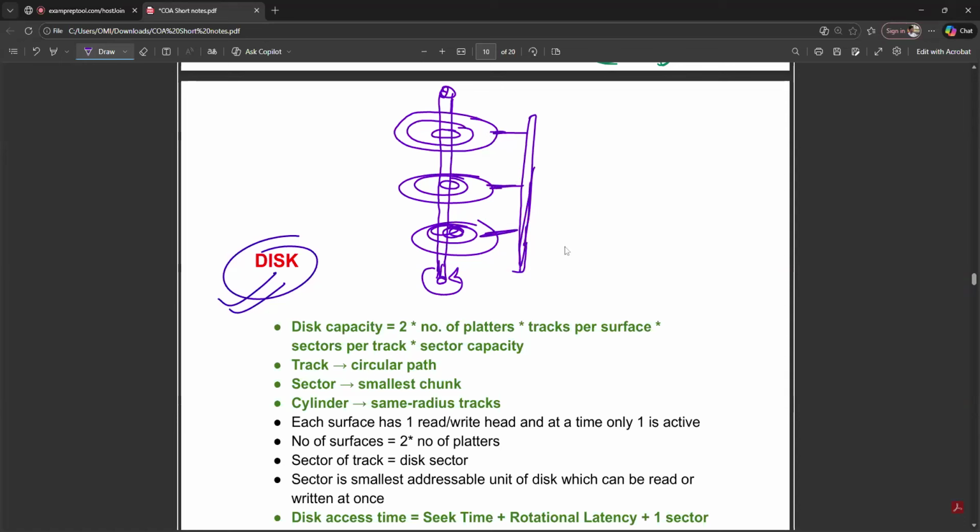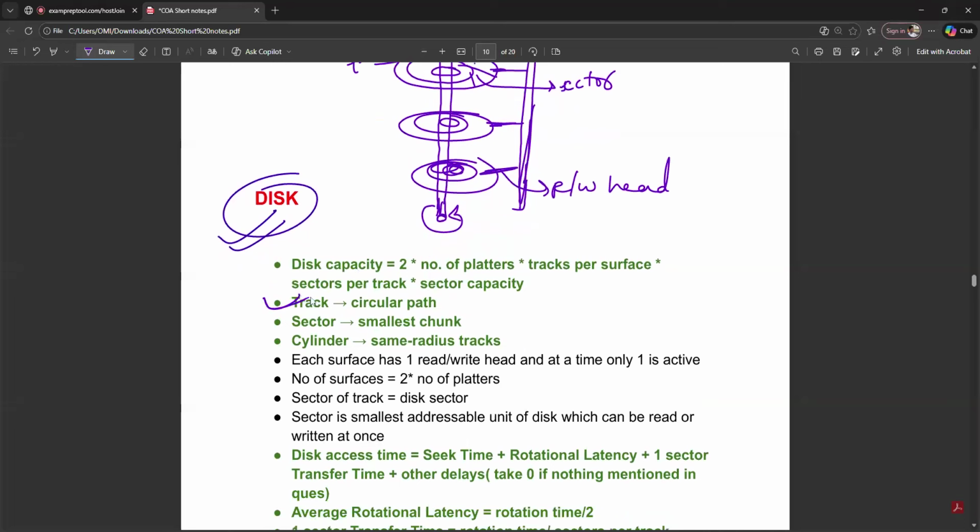So something like this is the disk diagram. This is the plate. On each one, this is the track. This is the sector. Got it? This is the head.